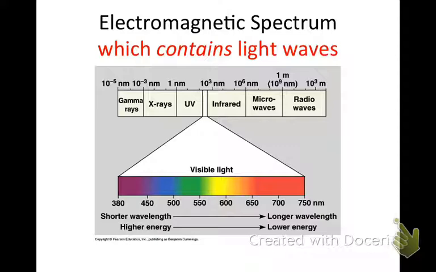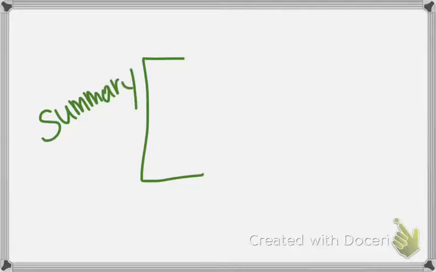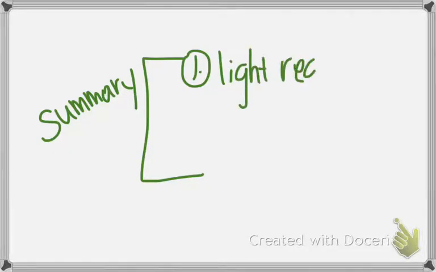Out beside where it says 2 processes involved in the conversion of sunlight energy to sugar, please put yourself a bracket out there and put the word summary. This is just a summary of what's going to happen, just to kind of give you a preview to the movie. You're going to have 2 processes that happen. One is the light reaction.